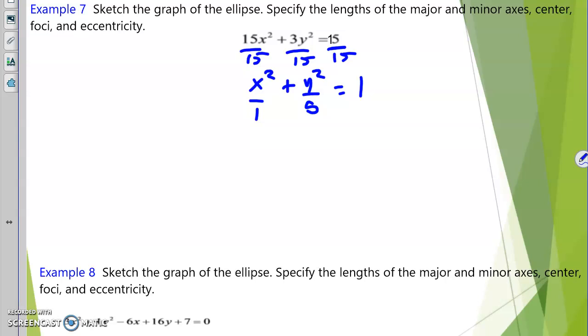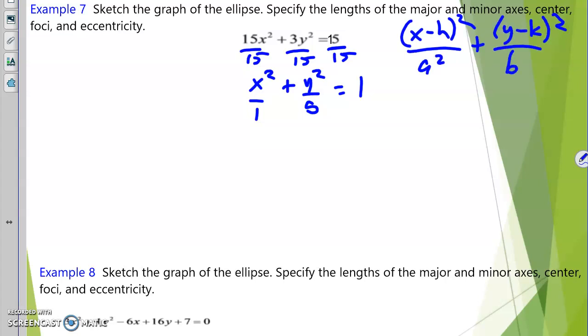Let's look at the general form, (x minus h) squared over a squared plus (y minus k) squared over b squared equals 1. We have no h or k, so I know that the center of this thing is at (0, 0). We also know that our major axis is under the y because that's the larger number.